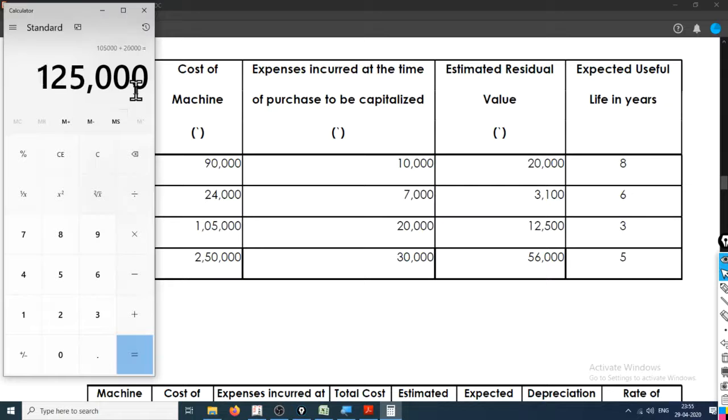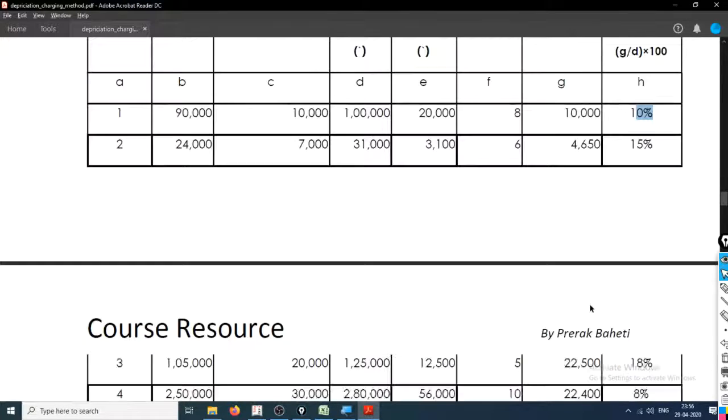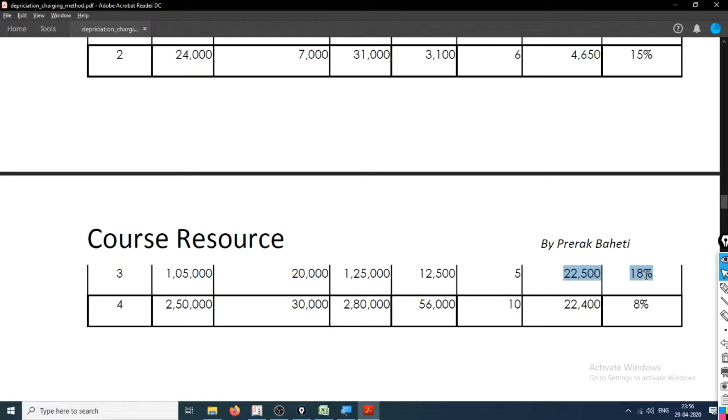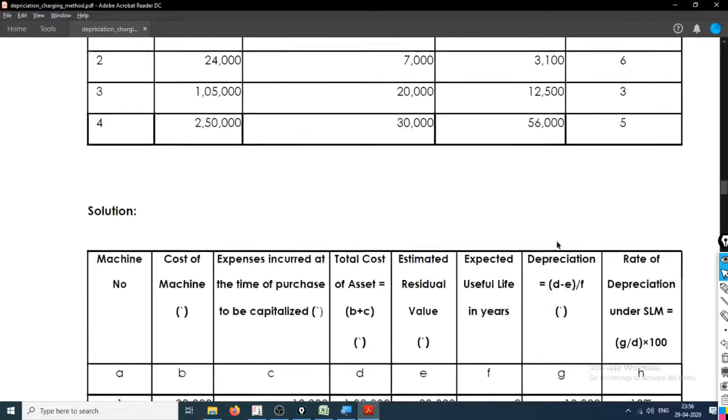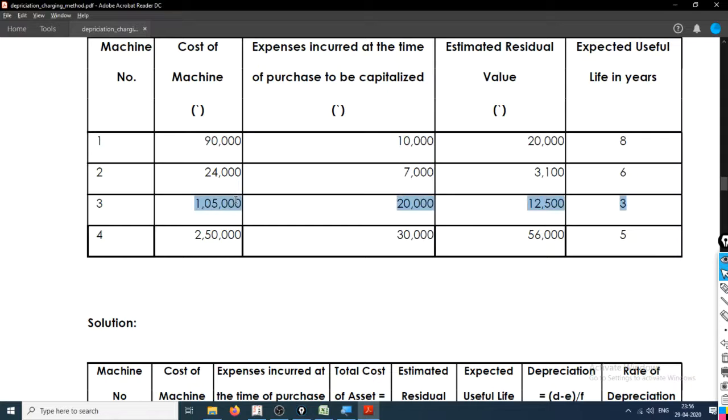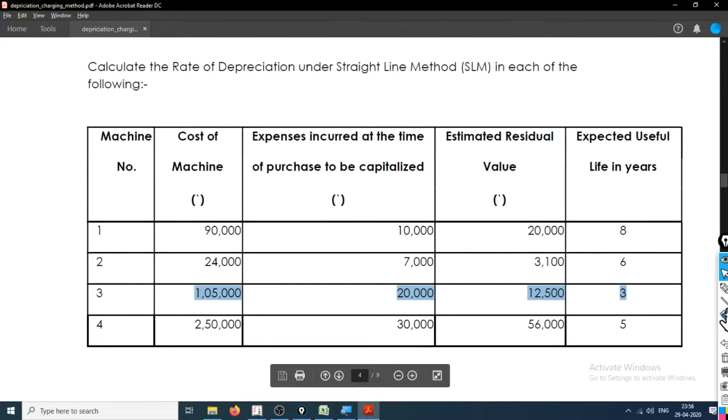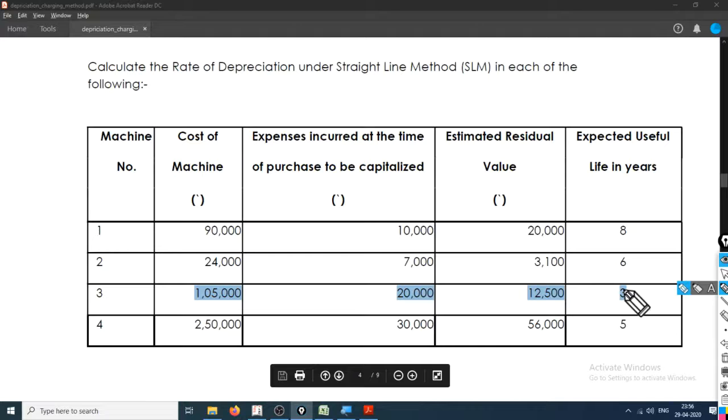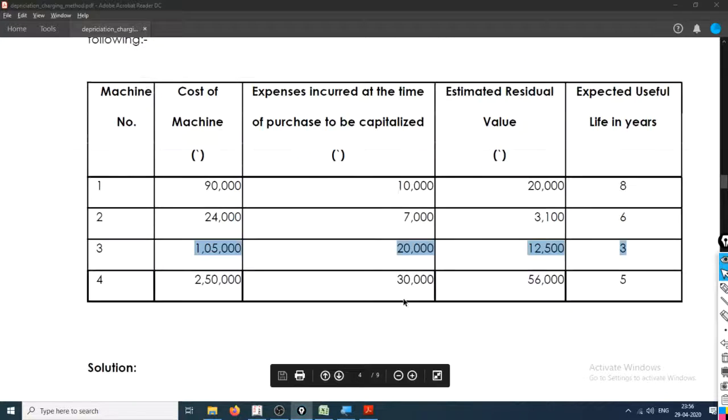Now enter minus 12,500, divide by 3, giving 37,500, and the percentage is 37,500 divided by 1,25,000 into 100, which is 30% and 37,500. Oops, why the wrong answer? Looks like there is a misprint in the question.